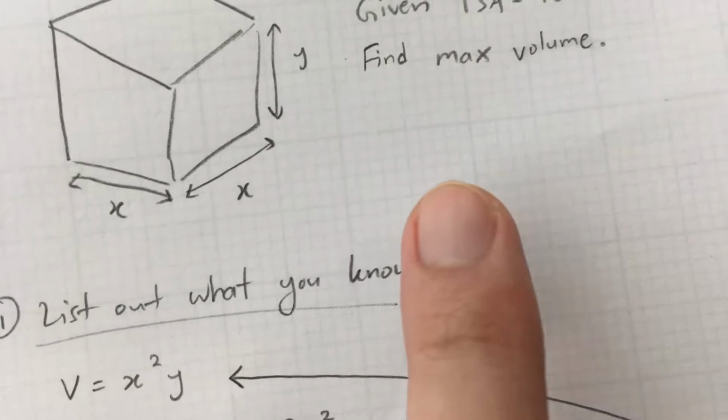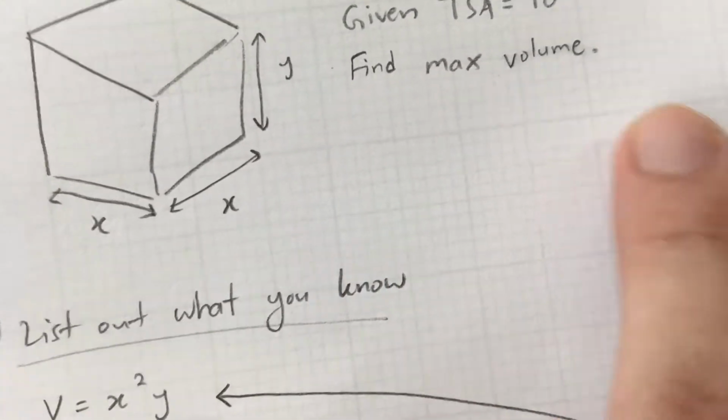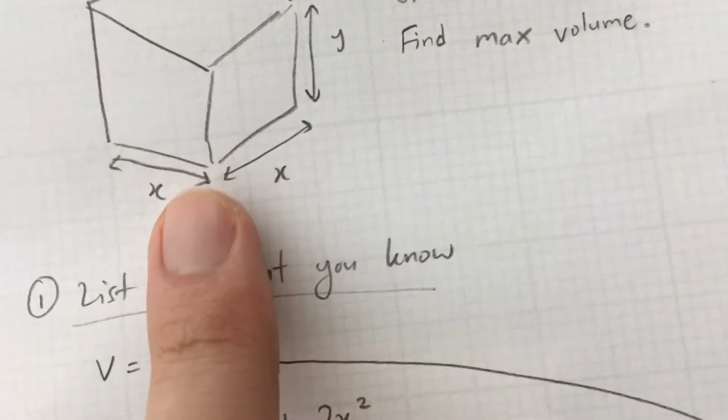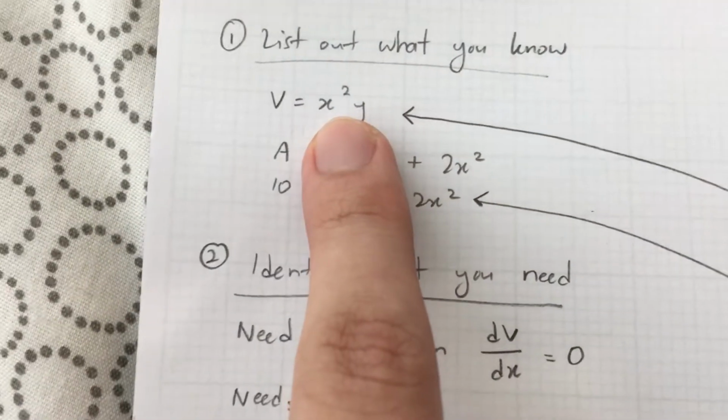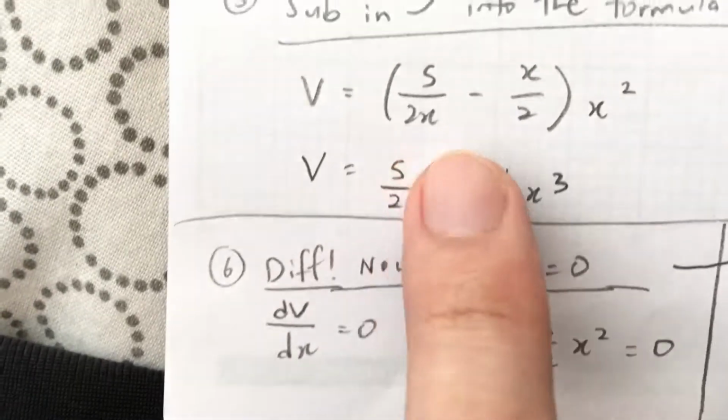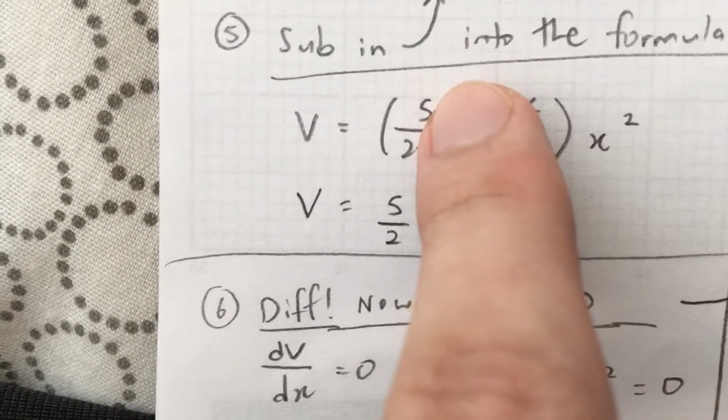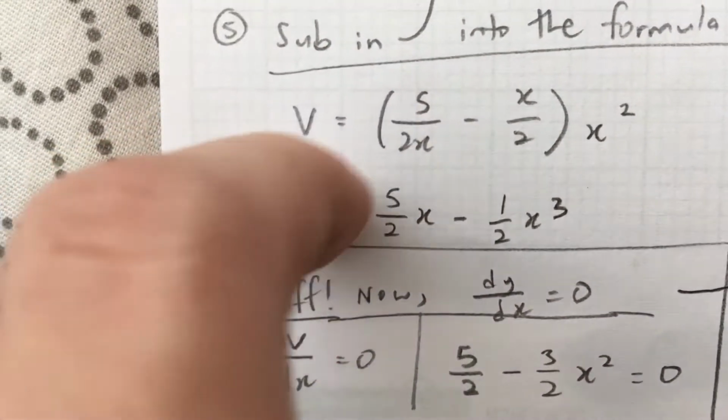So always look at what the question wants. If the question asks to find the maximum value of x, then that's the answer. But if I ask to find the maximum volume in total, I have to sub the value of x back into this equation, or I can sub it into this equation, because I only have one unknown. So sub back the value of x to find the maximum value of the volume.